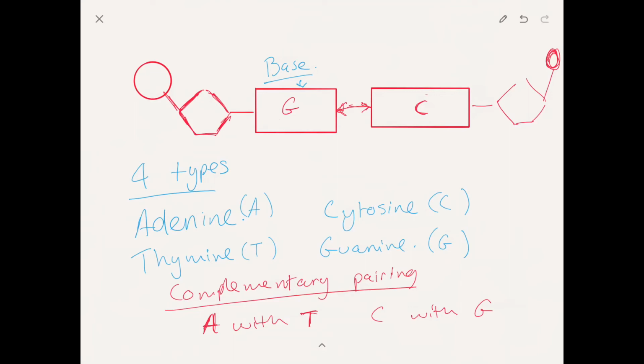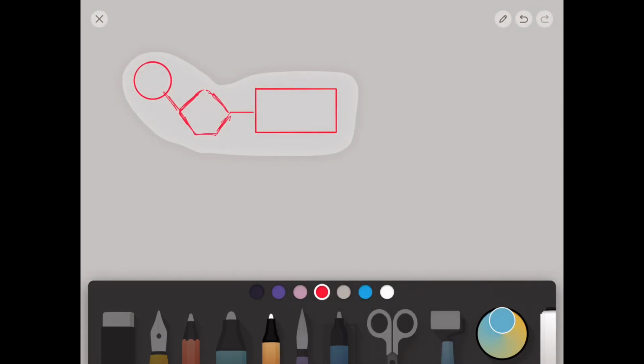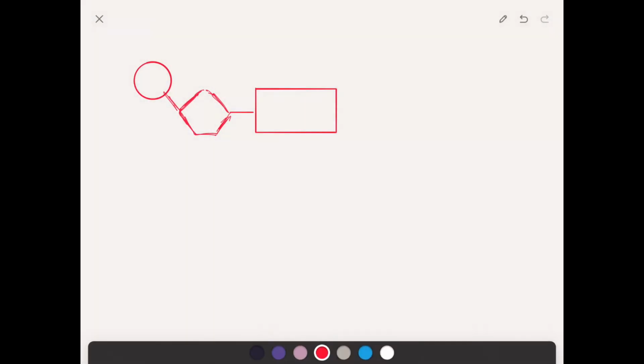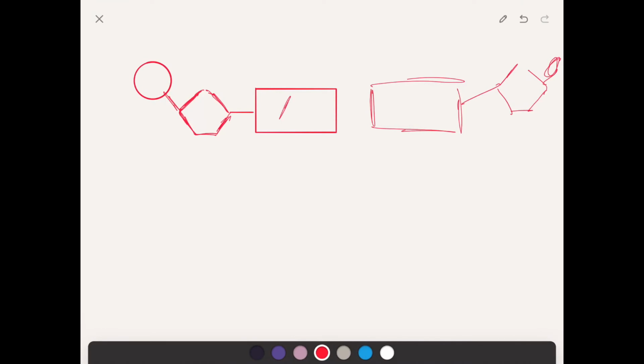The last thing we want to talk about is if we have our nucleotide and it joins onto another nucleotide on the other side. We've got our nucleotide over here, and our complementary base pairing, so let's say, for argument's sake, A over here and T over here.